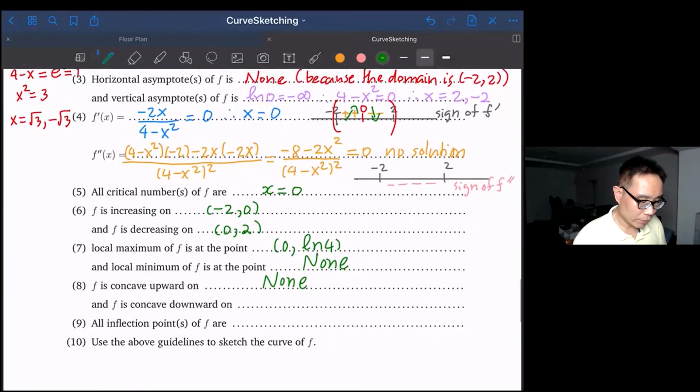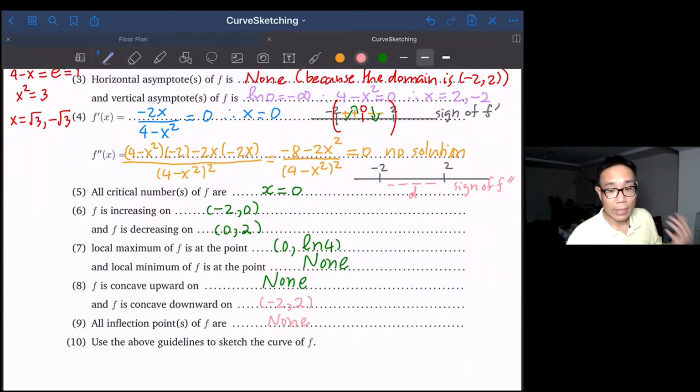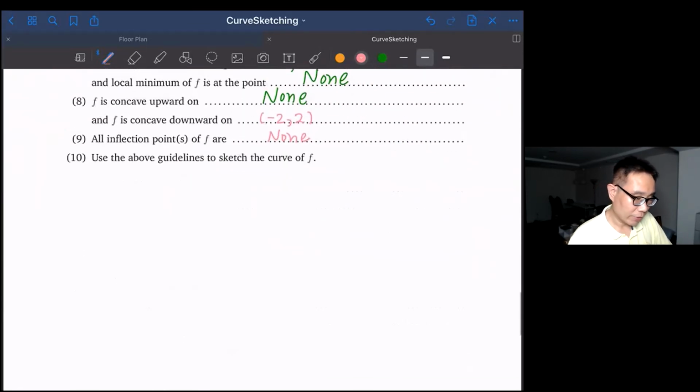And you have concave down. So this one will be concave down all the time. And this guy turned out to be -2 to 2. Okay, and you have no inflection point. So this will be all the information that we gather. So we're going to graph the function.